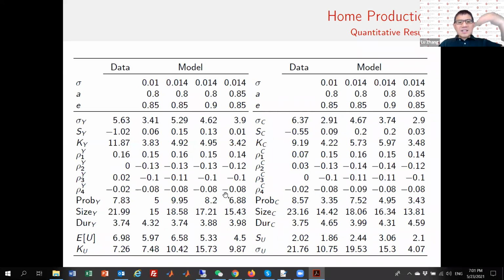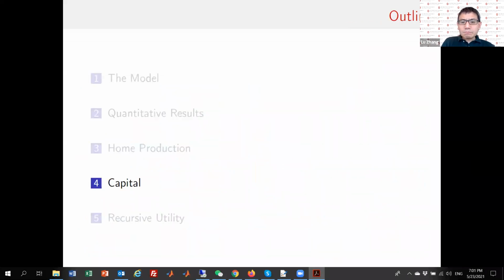As a result, disaster probability falls from 9.95% to 8.2%, and disaster size drops as well. So the bottom line is that the causal mechanisms make a lot of sense with home production, and most important, disaster dynamics are robust vis-a-vis this extension on home production.